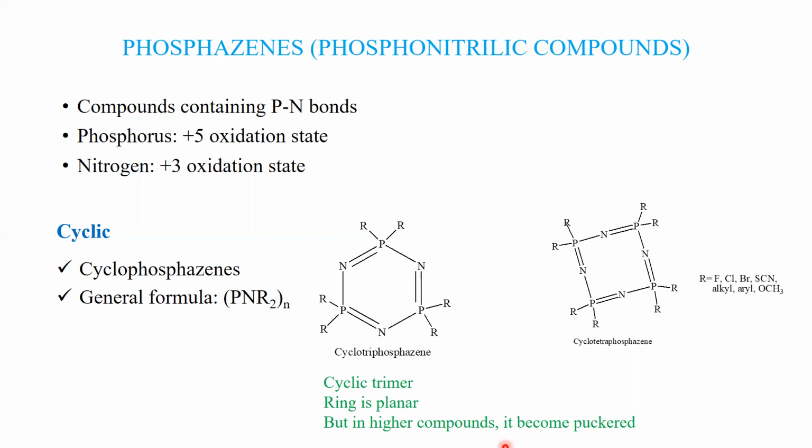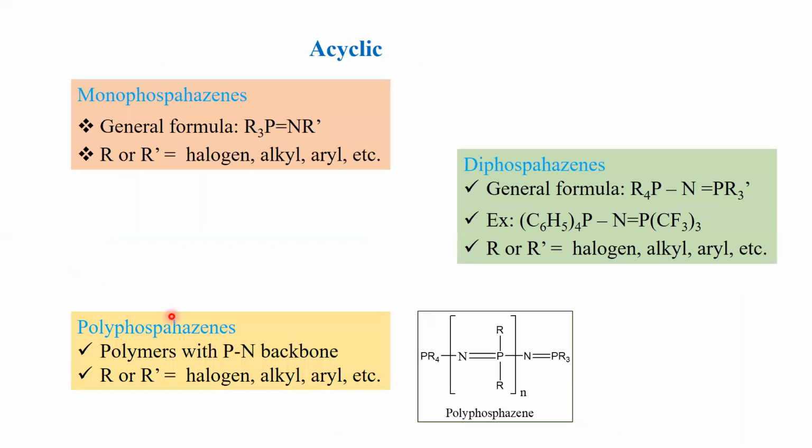But in higher compounds like the cyclic tetramer, the ring is not planar, it is puckered, that is, it deviates from planarity. Then acyclic compounds are linear molecules.